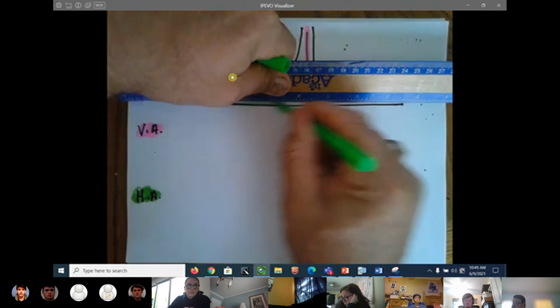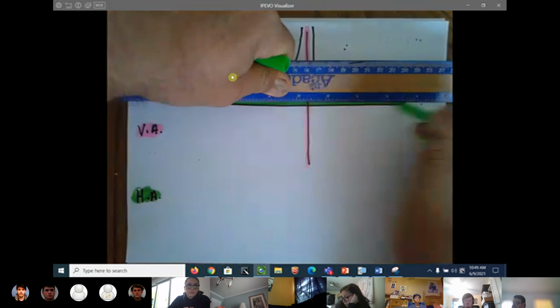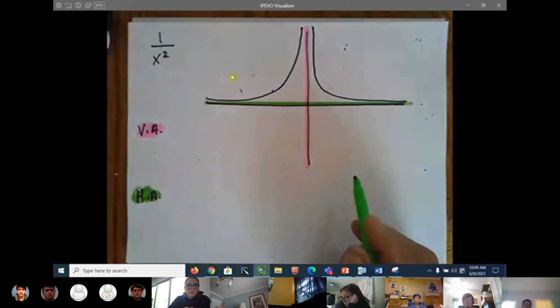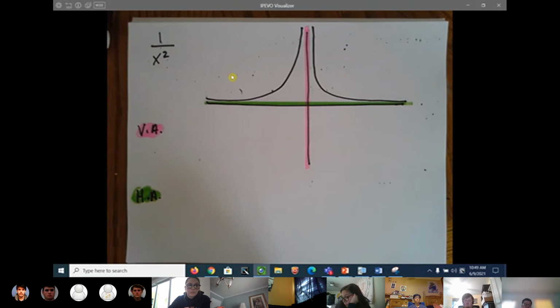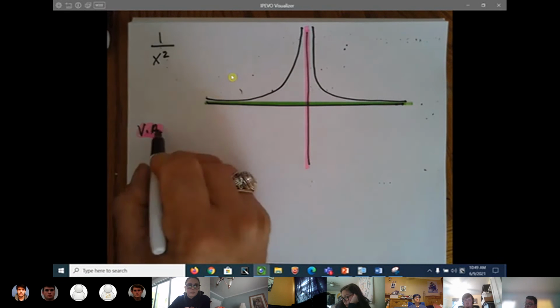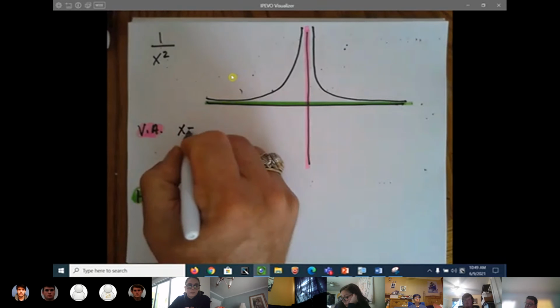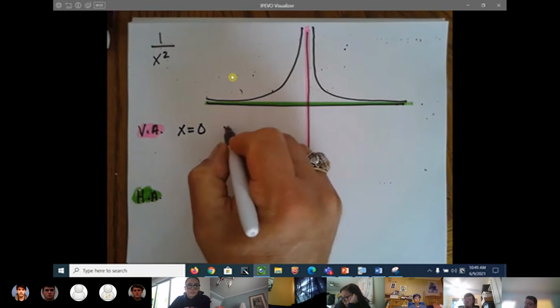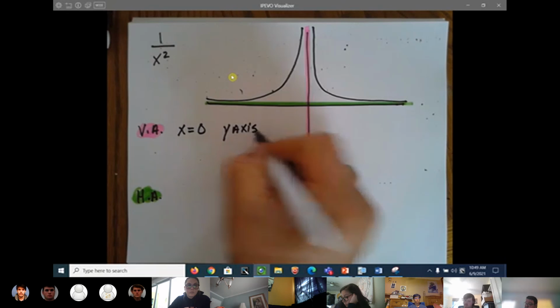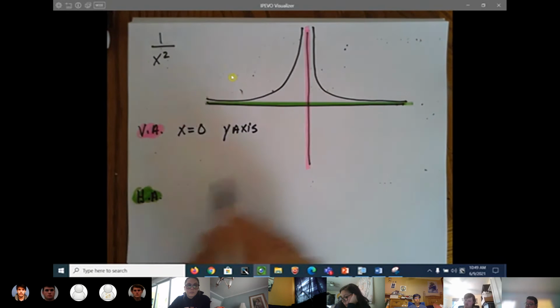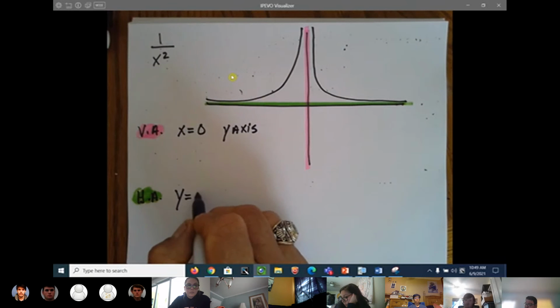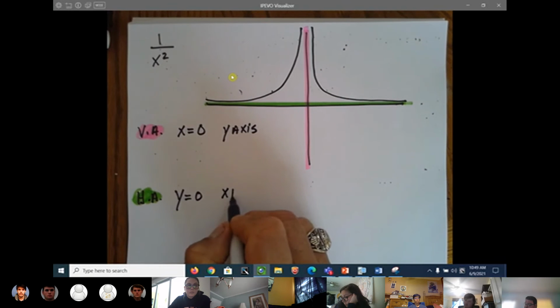A lot of your parent graphs are going to have the x and y axes as the vertical and horizontal asymptotes. So the vertical asymptote, x equals 0, is the y-axis. And the horizontal asymptote is y equals 0, which is the x-axis.